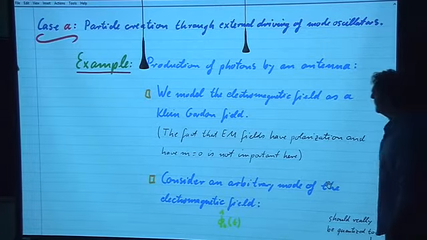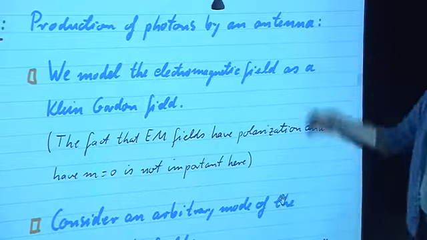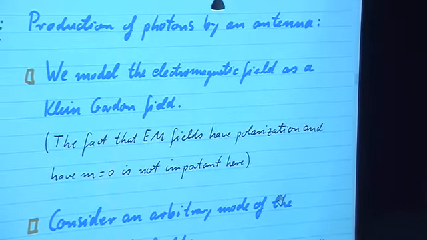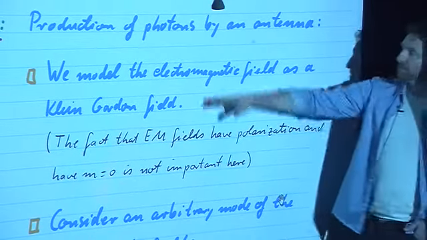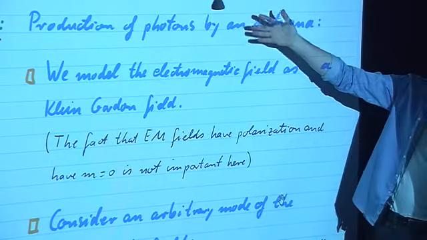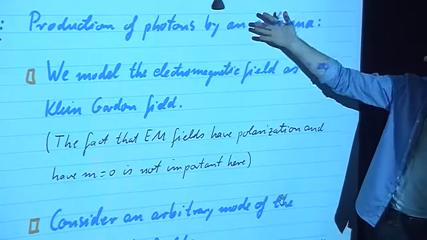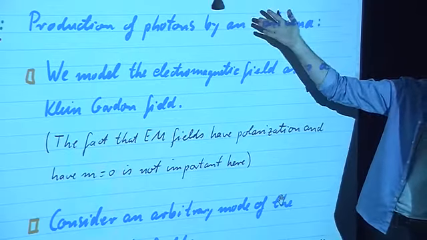An example of that is the production of photons by an antenna. So for simplicity, in principle we should do that with quantum electrodynamics. But it's unnecessarily complicated. The photons would have vector character, there is a gauge to be fixed and so on.